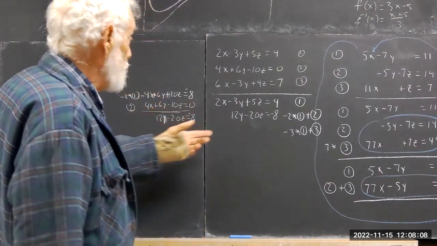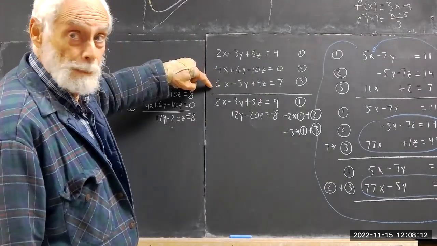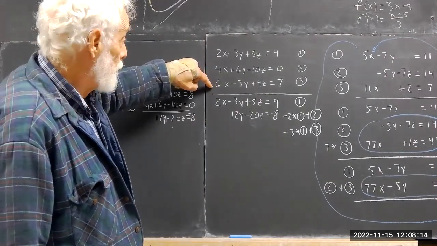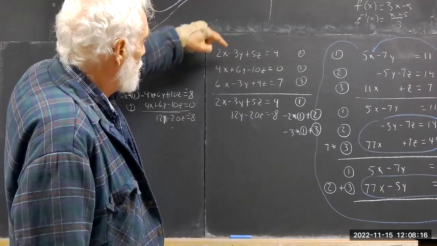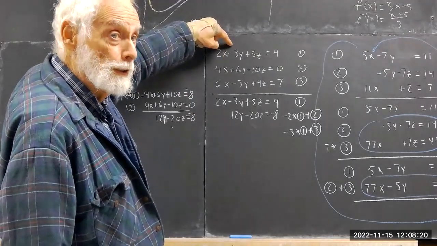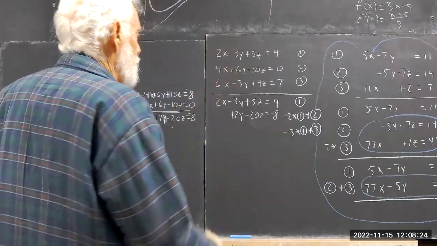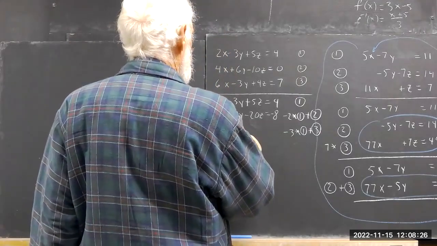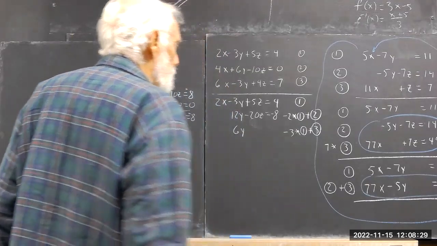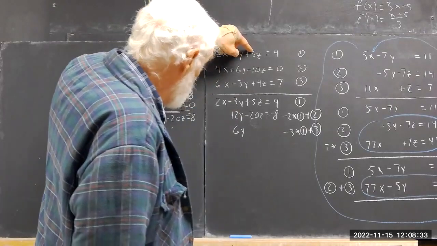Now, let's see what happens if I just look at it. I'm going to get a -6x and a 6x here, right? That's going to add up to 0. I'm going to get -3 times -3y, which is plus 9y, and minus 3y. That's going to give me 6y. -3 times 5z is -15z.